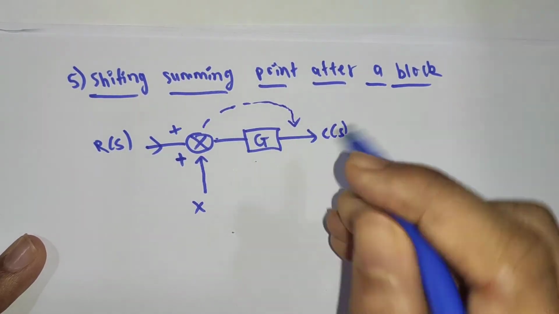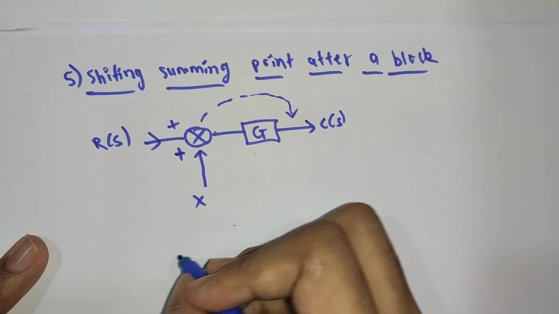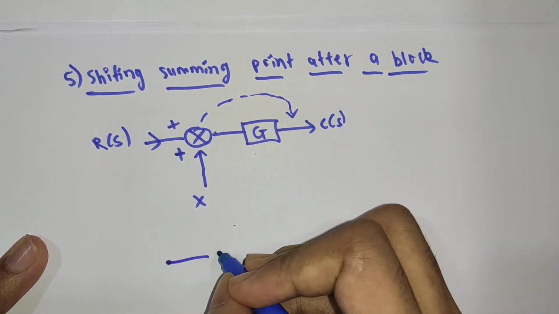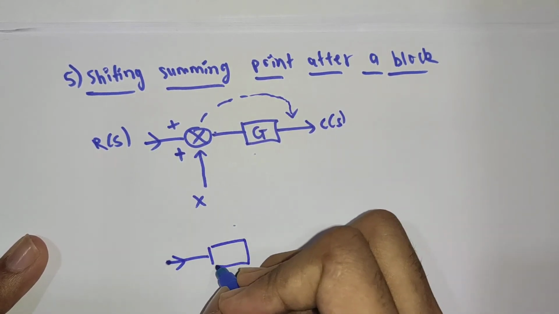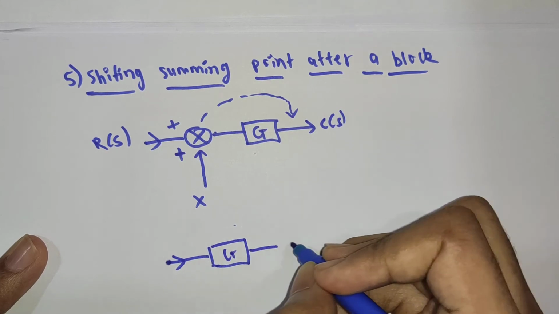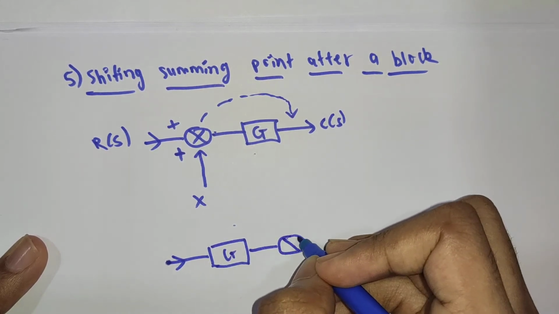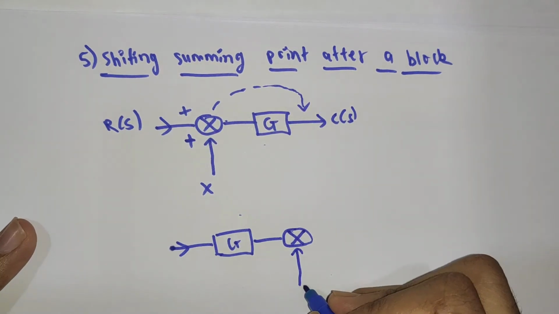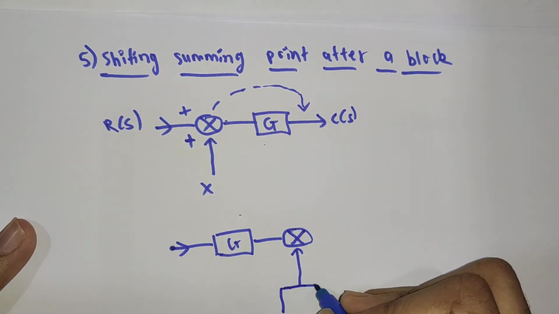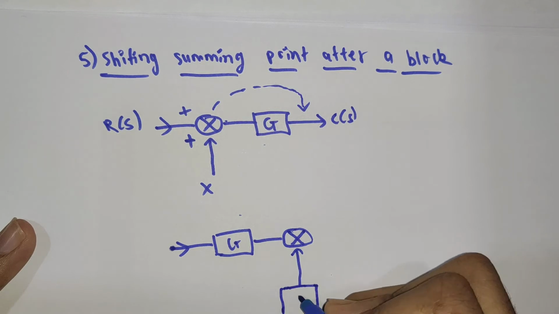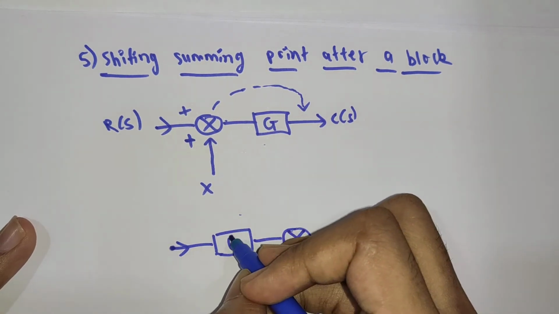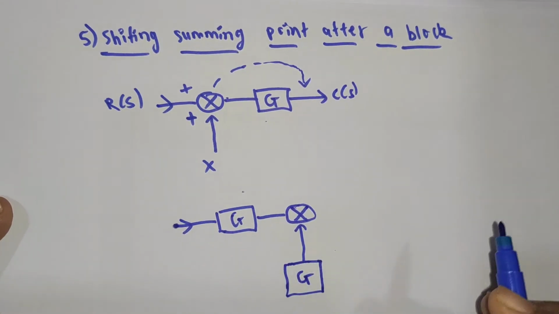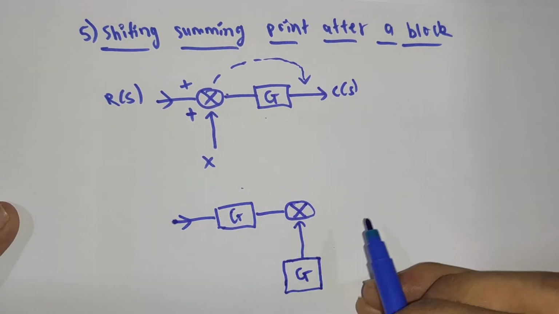To shift it after the block, the one thing that you have to do is multiply the feedback signal by G, the gain of the block after which the summing point is shifted.